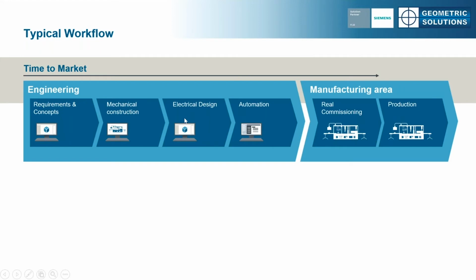And lastly, automation comes into play. Then you get to the real commissioning. Now, the real commissioning is you're standing in front of that machine, hoping everything works. You might be at some far-flung corner of the globe. And then once that's done, and this process can take a while, then we start with production.